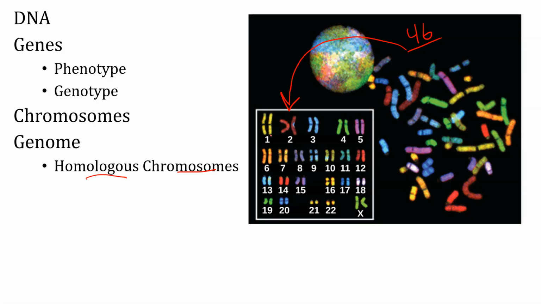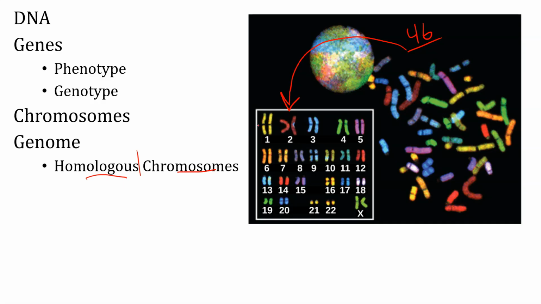Chromosomes 1 through 23 that you got from your mom have homologs. They have partners in the 23 chromosomes that you inherited from your other parent. So the homologous chromosomes will be the chromosomes that are the same size and bear the same traits on them.